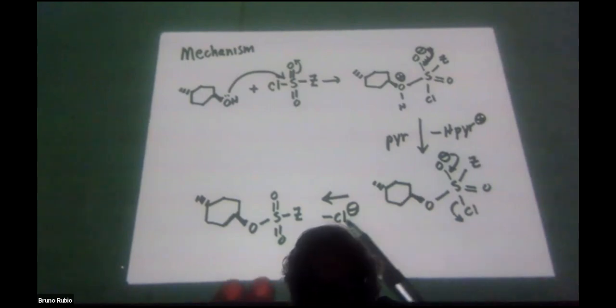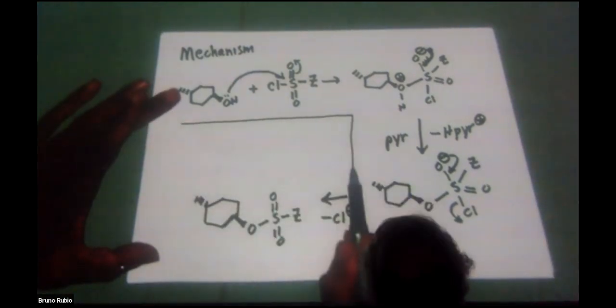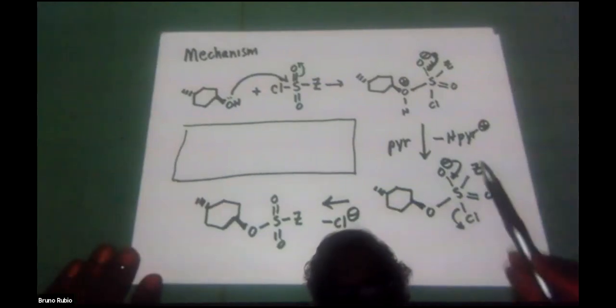Okay, so now in Darzens halogenation, what we saw is that this Cl was going to wheel around here and kick out this good leaving group, but that's not what happens here. What's going to happen, I'm going to write this in a little box here, is that this Cl minus would much rather do an ionic reaction with the HPYR plus than function as a nucleophile in this case.